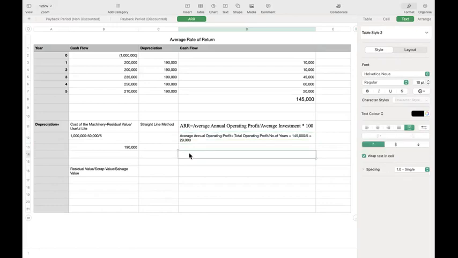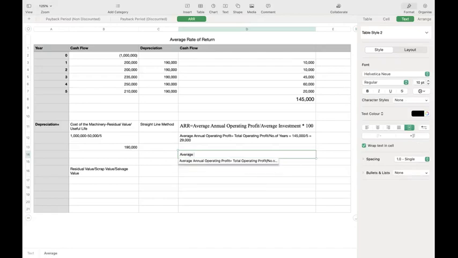Now we need to calculate the average investment. So how do we calculate the average investment? Average investment equals initial investment plus the residual value, divided by 2.